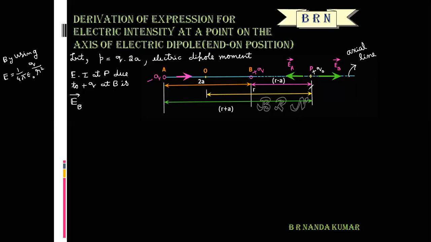So here the electric intensity at point P due to plus Q at B is EB vector.